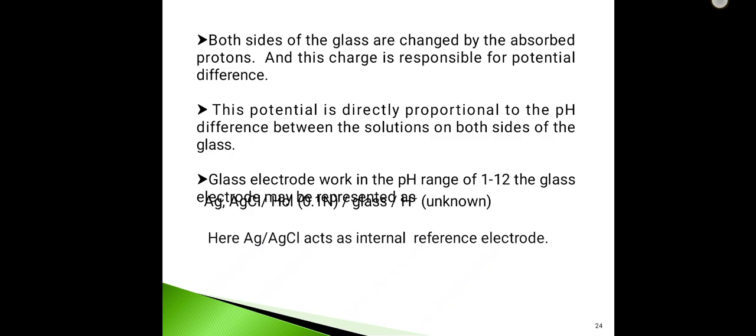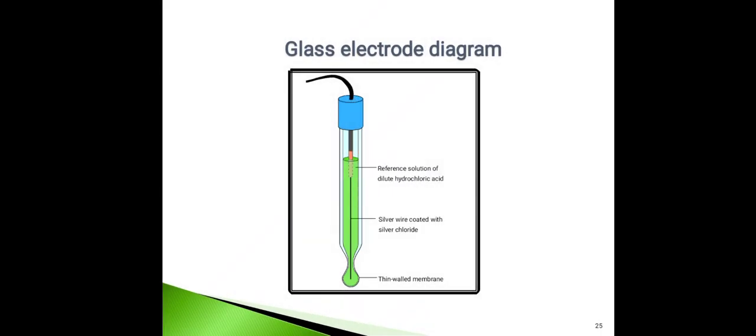This potential is directly proportional to the difference in pH of the solutions on both sides of the glass. The glass electrode works in the pH range of 1 to 12, and it is represented as Ag, AgCl / HCl with 0.1 N concentration / glass / solution of unknown pH. Here the silver chloride acts as an internal reference electrode.